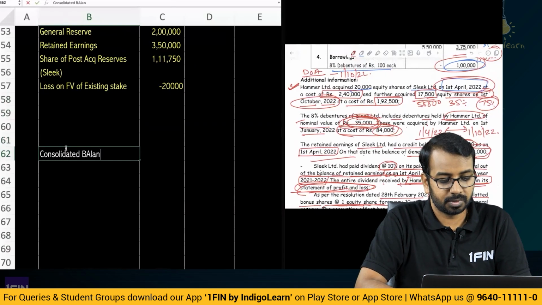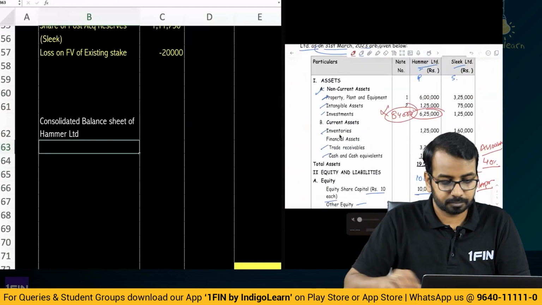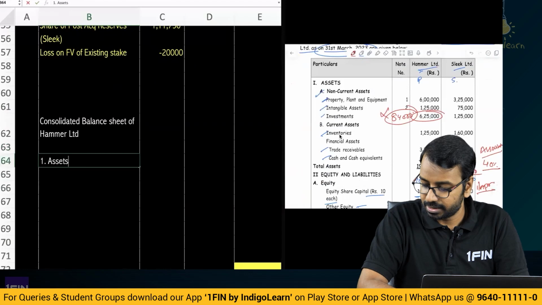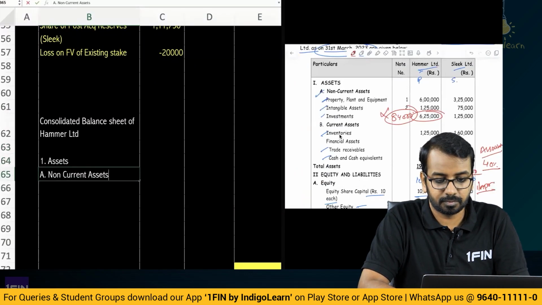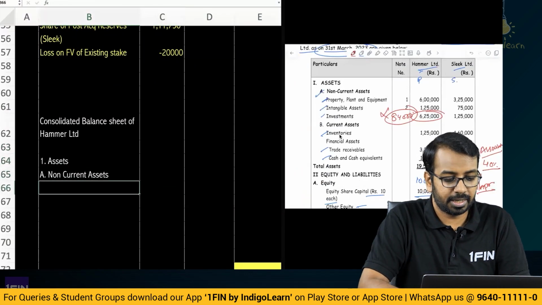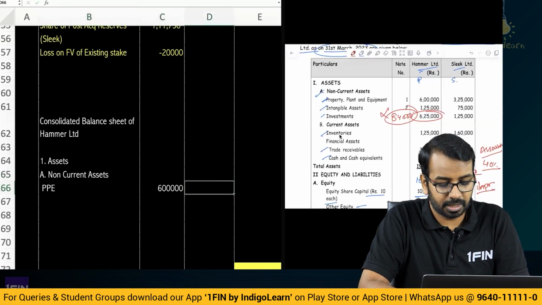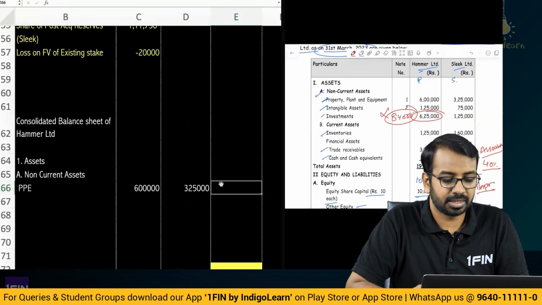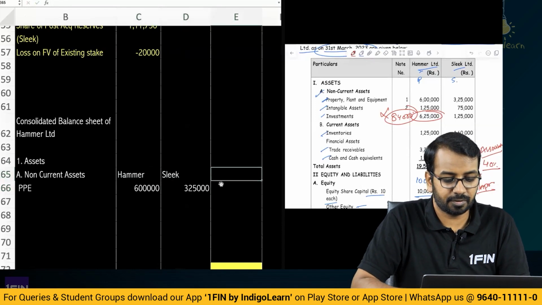Looking at the balance sheet, assets, non-current assets. We have PPE: 6 lakhs is Hammer, Sleek is 3,25,000.